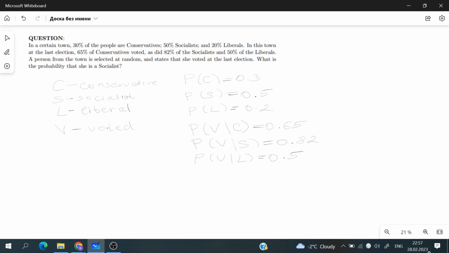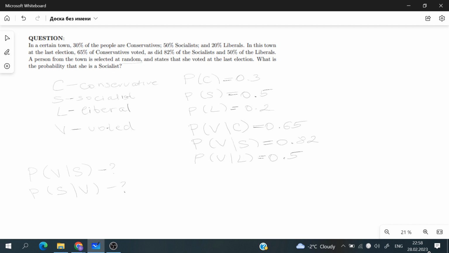And we're given that the person is selected at random, correct? And we need to find the probability that she is a socialist. By the way, guys, do not confuse the following two terms: probability that person voted given that she is socialist, and probability of person socialist given that she voted.